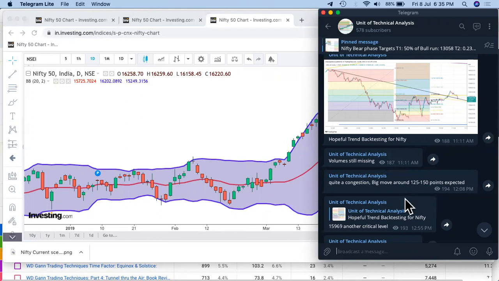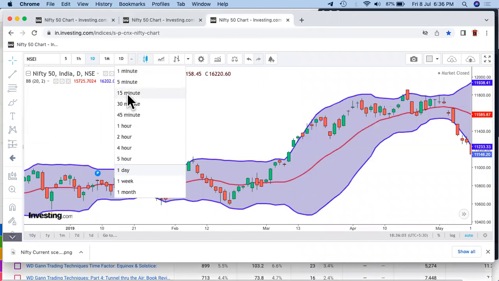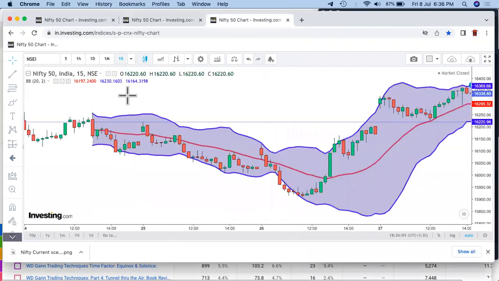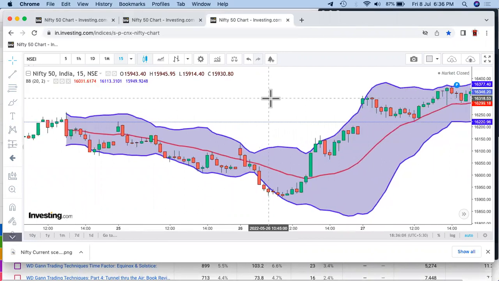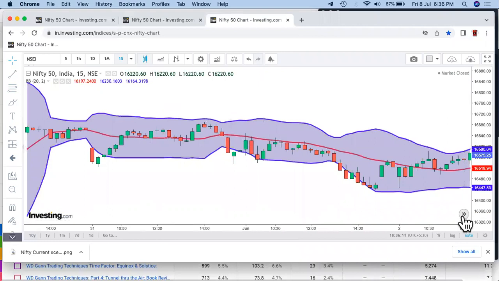Here also we try to find out points. Now points is 125 points, 150 points. Second thing that we need to know is time, right? So what I'll do is I'll just go to a smaller time frame, which is 15 minutes. I'm just taking one example over here, and then I'll be able to help you further, right?